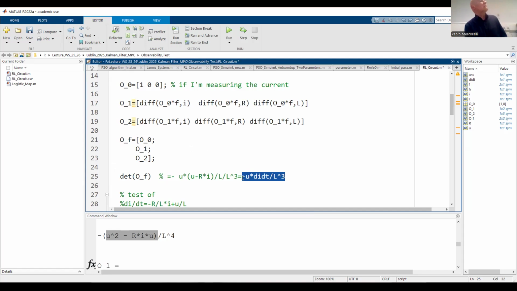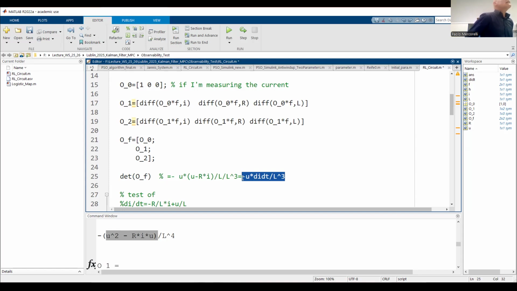Because remember I put the equation in this form, and if L is 0, I don't have a deterministic system. And then the derivative of the current with respect to the time is not 0. It's interesting this. This means necessarily, I don't want to say, but if I have an input not 0, if the current is not 0, I obtain the observability.